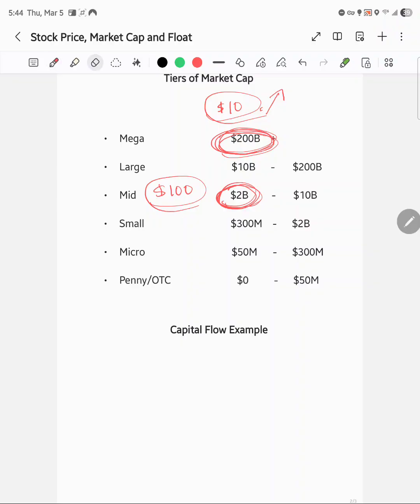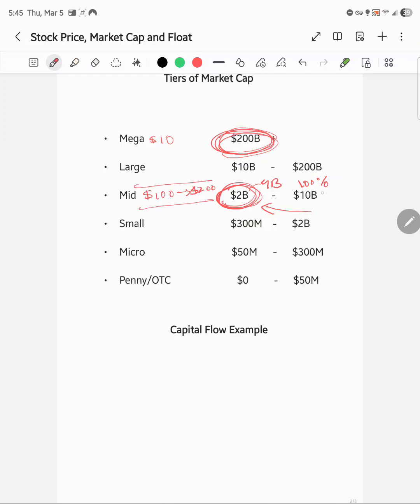Now let's say, taking that same example, this $2 billion company's stock price is $100 and this stock price is $10. Let's say I put $2 billion in this company. It goes from 2 to 4 billion, and it sees a 100% gain. The stock price went from 100 to 200. Got it?